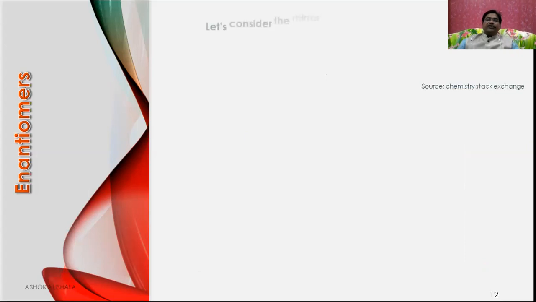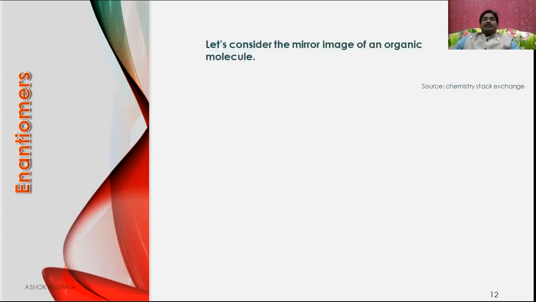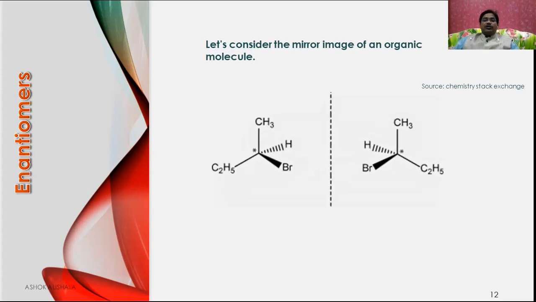Now let us see the other one. Let us consider the mirror image of an organic molecule. See this one. This is one more molecule. If you see this carbon here, four groups are tetrahedrally arranged around this carbon: methyl, ethyl, bromine, and hydrogen. This is a three-dimensional structure. And see its mirror image.